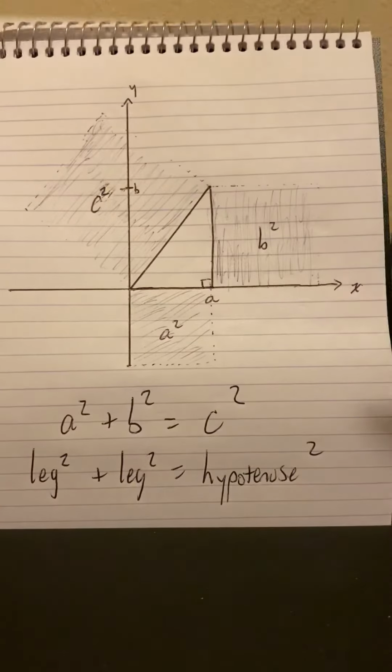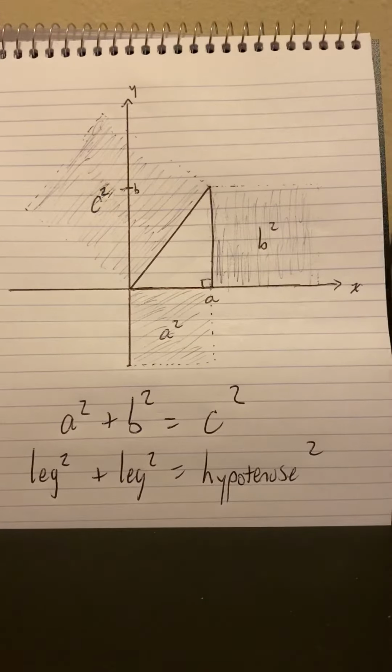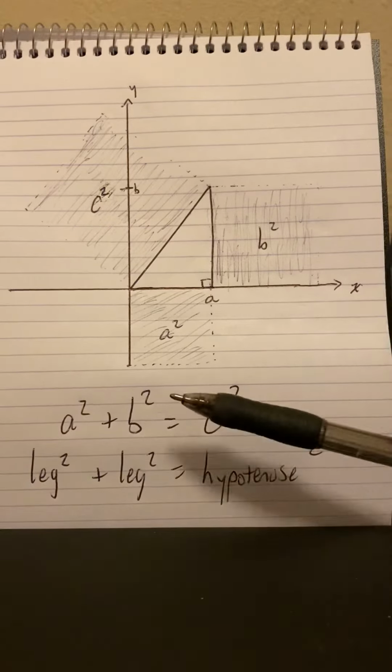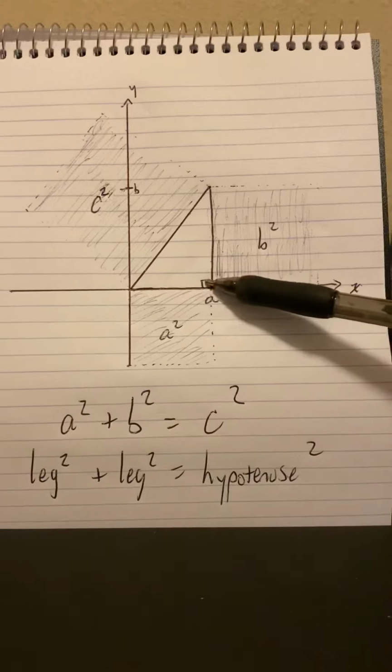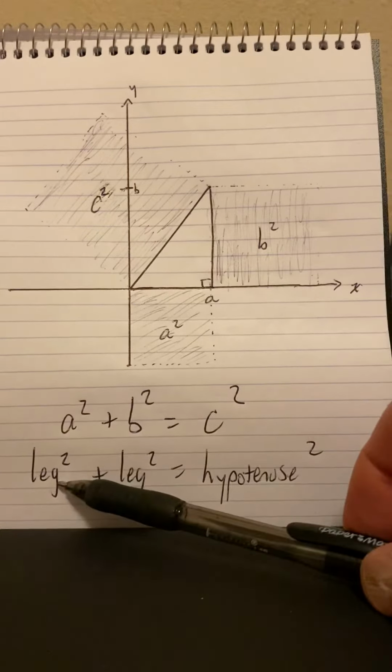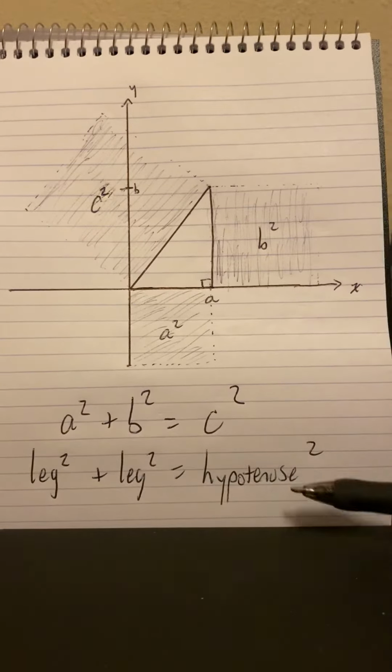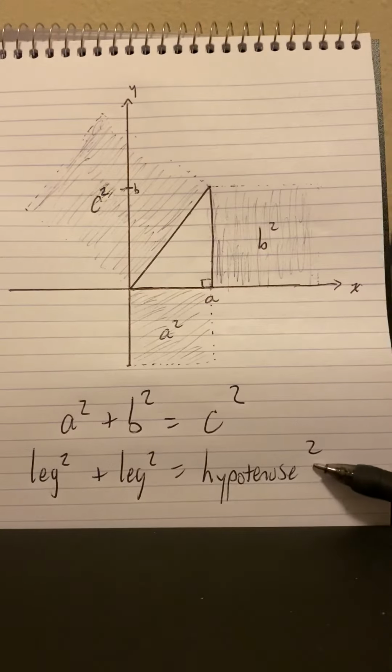So let's talk about one of the most famous theorems in mathematics. Y'all may know the Pythagorean Theorem. In fact, you're going to need it for one of your tasks this week. The Pythagorean Theorem says that in a right triangle, a leg squared plus a leg squared is equal to the hypotenuse squared.